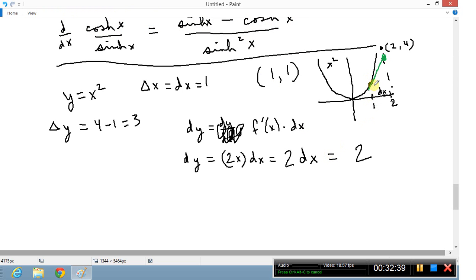So the approximation that you would get, well, let's see, dy is 2, and that is this distance from here to here. That would be dy. So from here to here, you add 2 to 1, and you get 3. So this point would be 2, 3, as opposed to 2, 4.